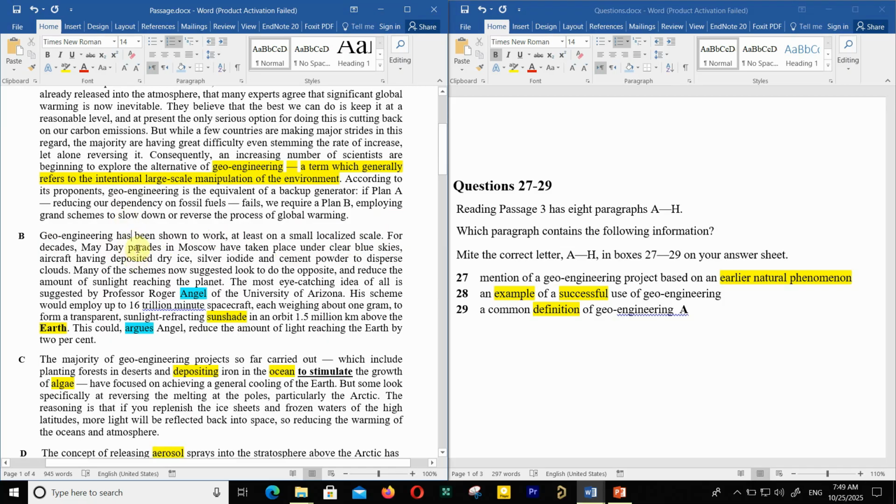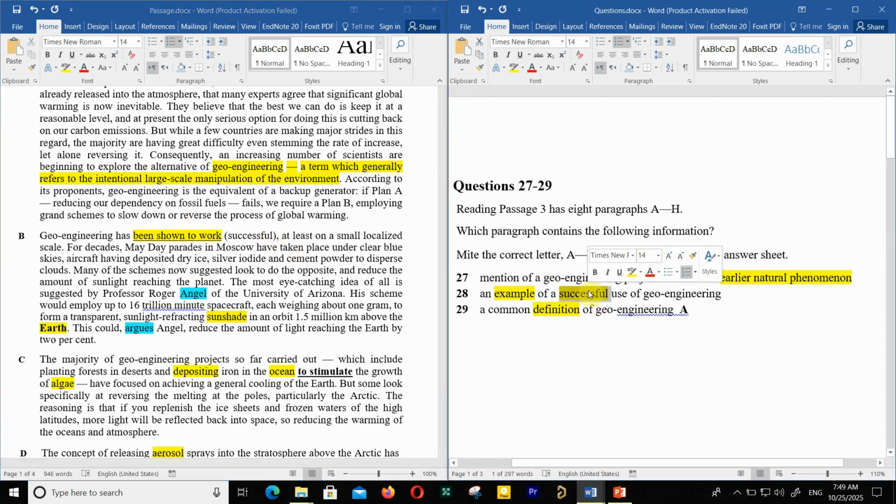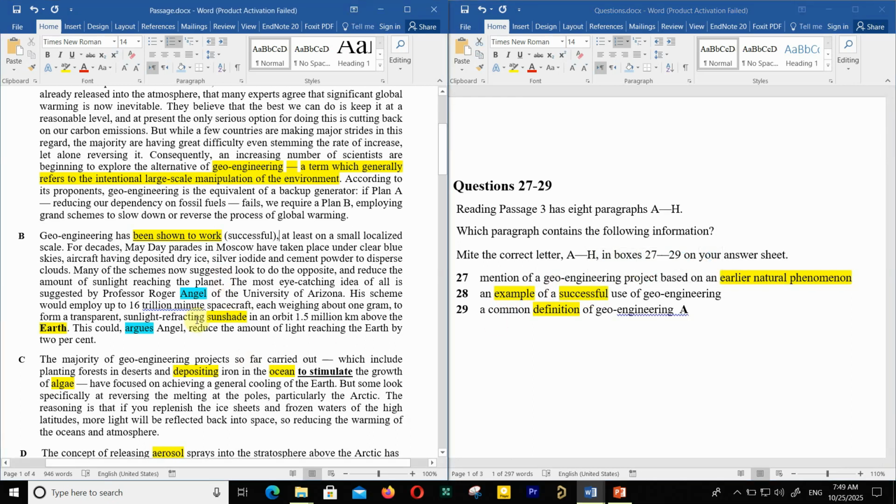Has been shown to work, which means that this is successful. You can say that it was successful because it has been shown to work. If you want to be perfect, you can go through this paragraph all by yourself and see there's an example of successful use of geoengineering. But just use these techniques, and paragraph B for this one.